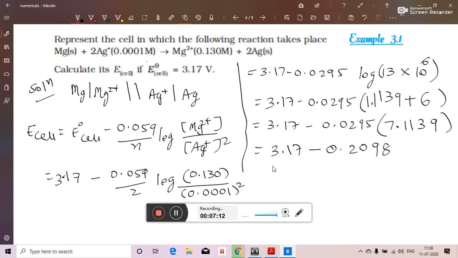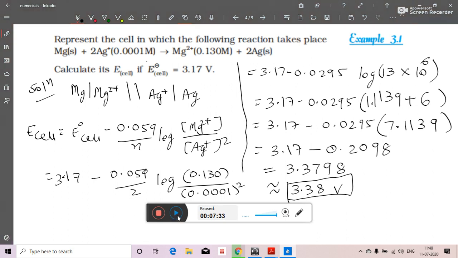So that is equal to 3.3798, approximately equal to 3.38 volt. So this is our answer.